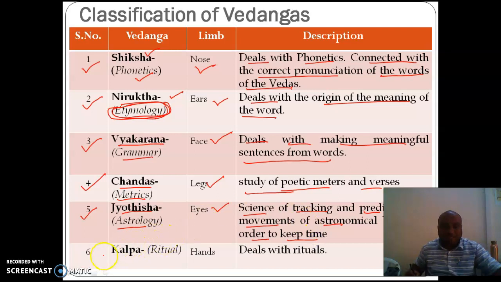The last one and sixth one is Kalpa, which deals with rituals. The limb associated with it is hands, which describes the rituals to be performed.